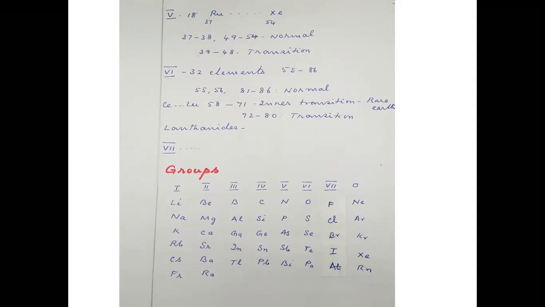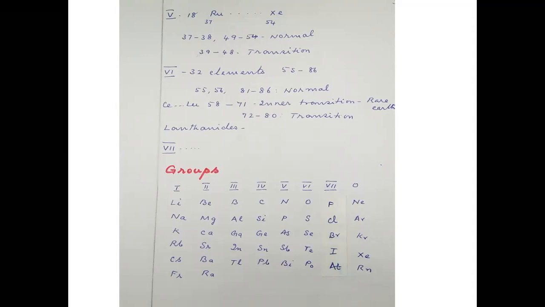But if you look into the sixth period, which contains 32 elements, which means apart from the 18 elements constituted by S block, D block, and P block, now one more block is introduced, which is called inner transition elements.